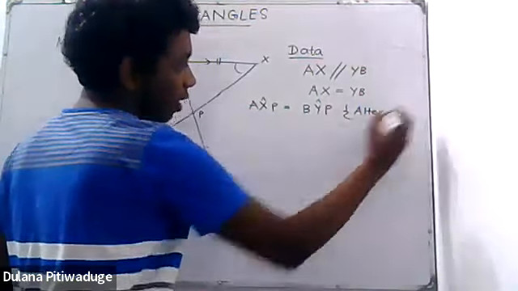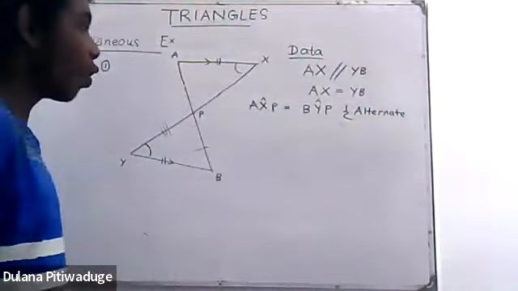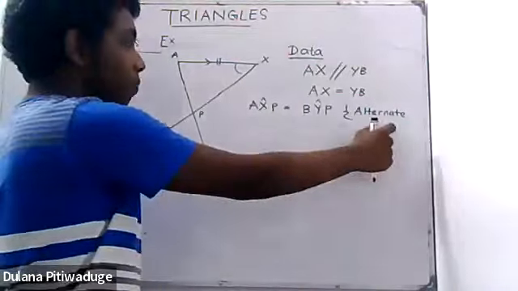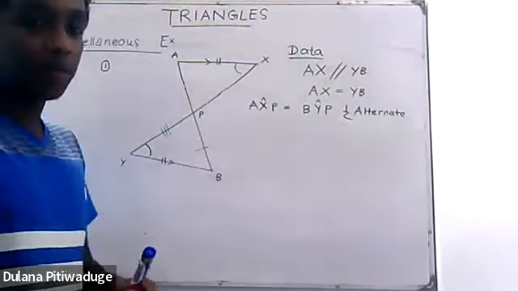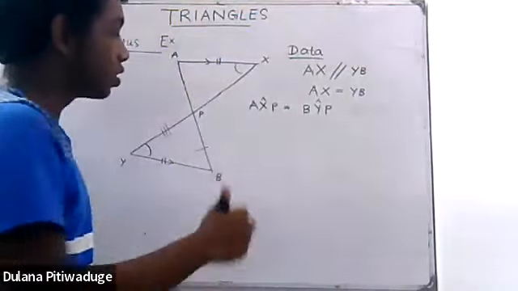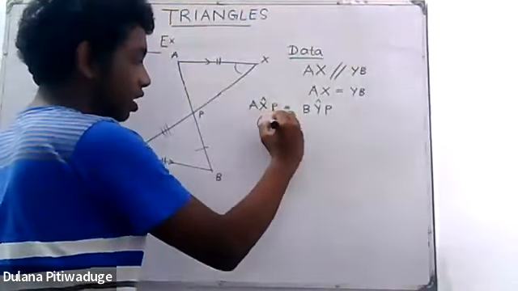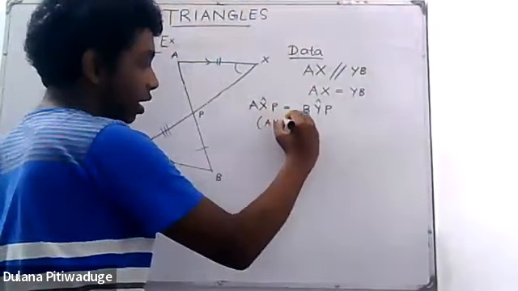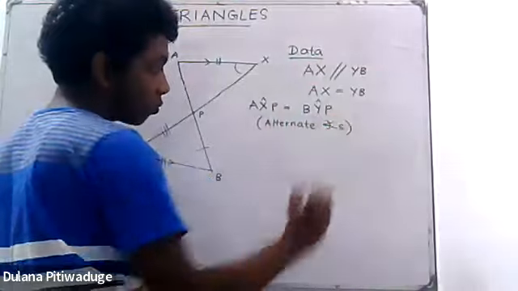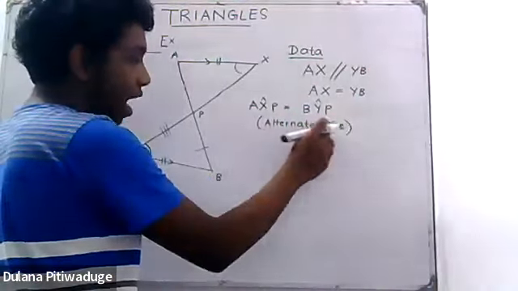Now, if you're writing some type of information, you have to mention the reason with it as well. You have to give a reason for your statements. So the reason here is alternate angles. This is the symbol we use for angles.